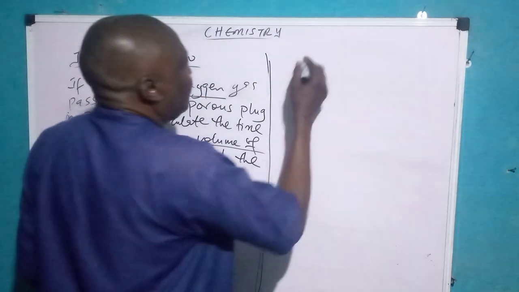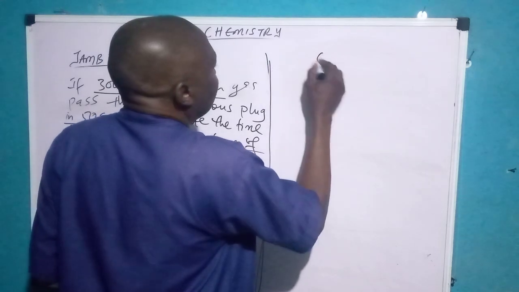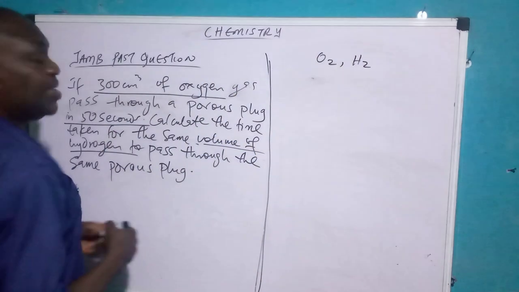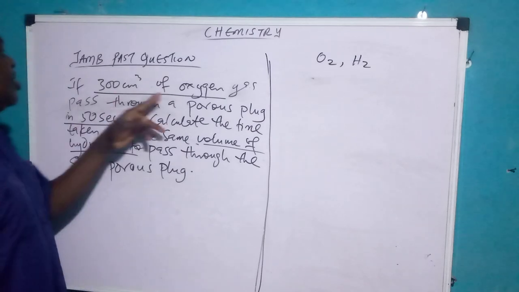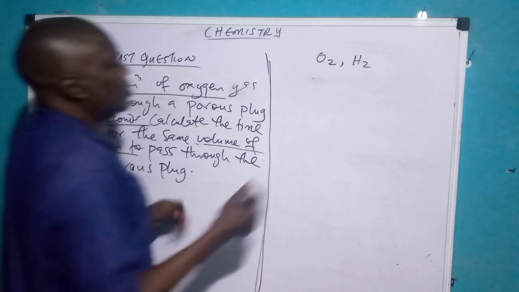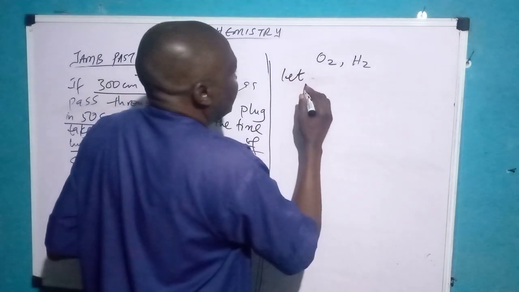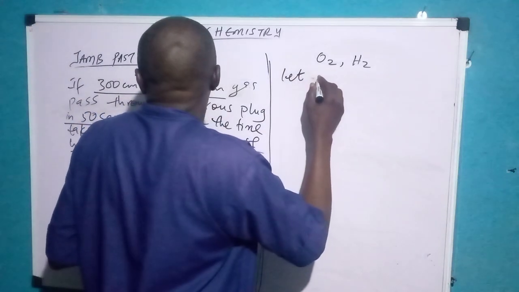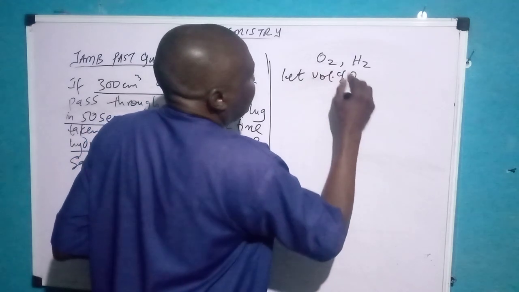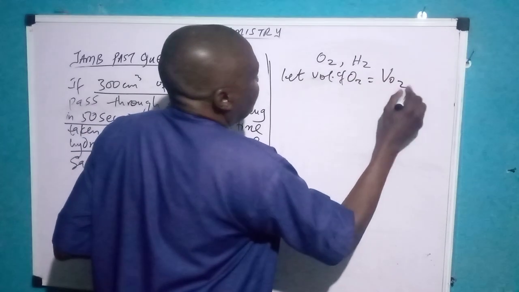Remember the formula for oxygen is O2, while hydrogen is H2. Don't forget that. They are diatomic. We say let the volume of oxygen equal VO2.